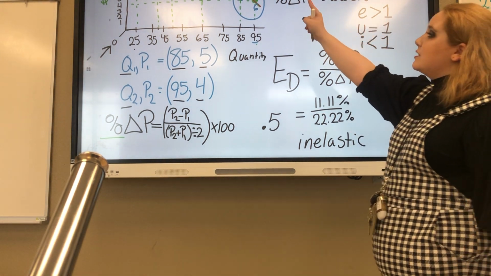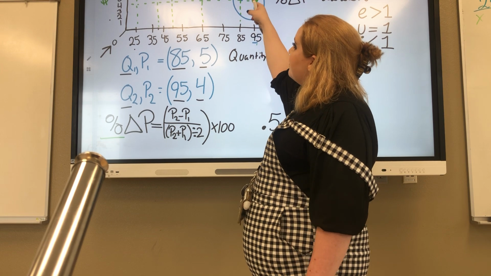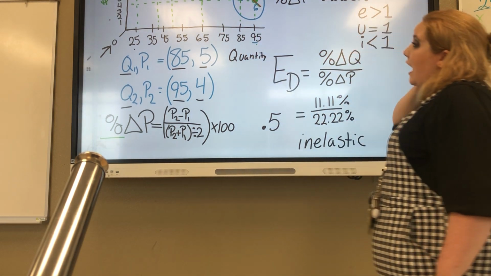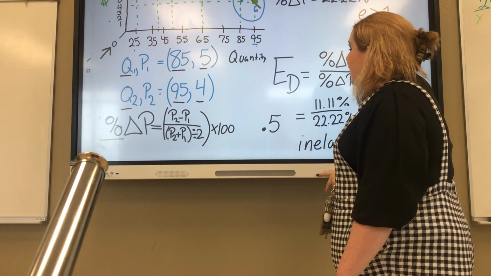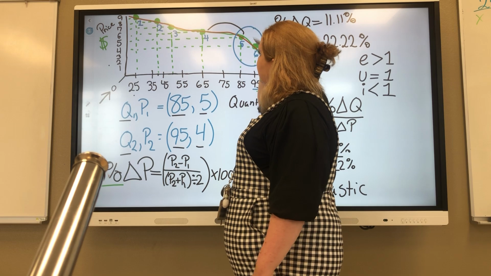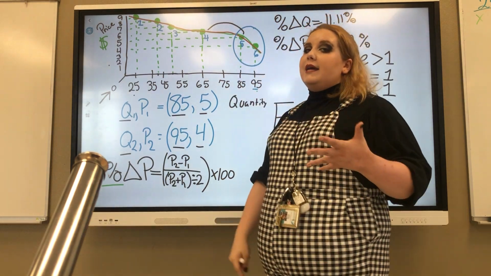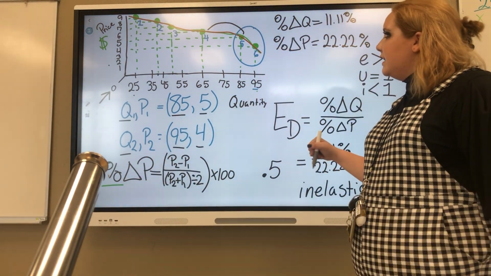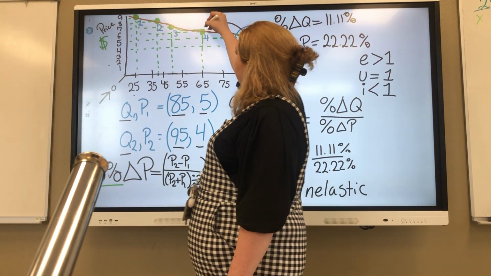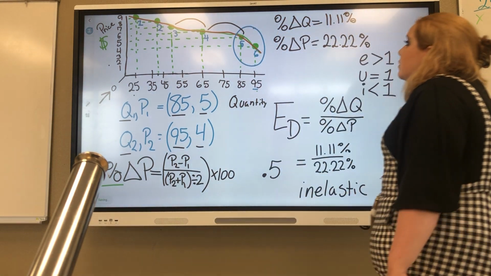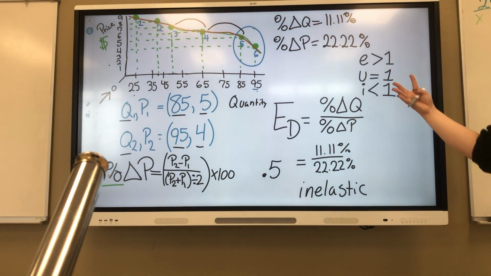However, just looking at this graph, I can tell you when it changed from $5 to $6, you have a pretty huge jump there. Like right here is a big jump. If I had to guess, which I don't really have to because we did the math, that's going to be elastic. The reason why I know that is because we did points 3 and 4 in class, and those were elastic. So if you have a bigger gap, it's going to be elastic.